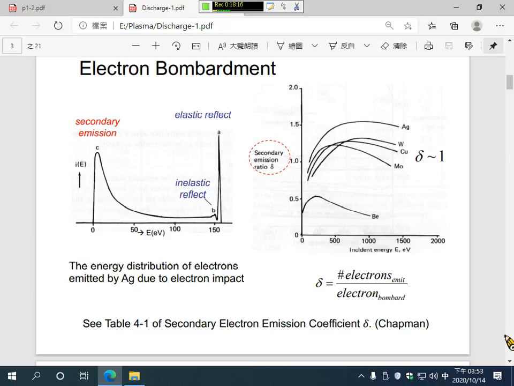So if we look at these few curves, silver, tungsten, copper, and moly are pure metallic materials.